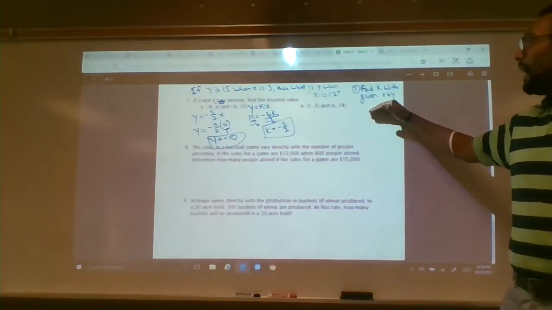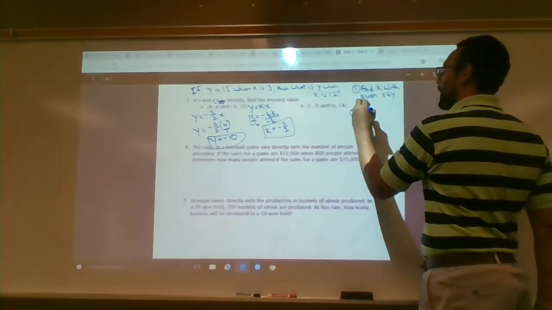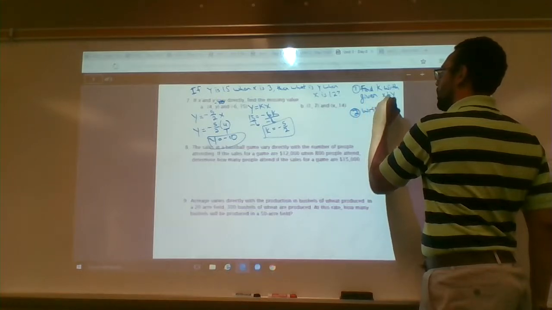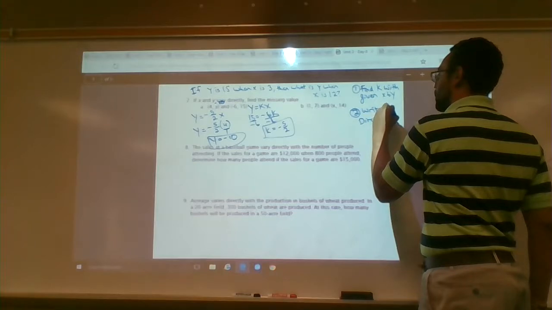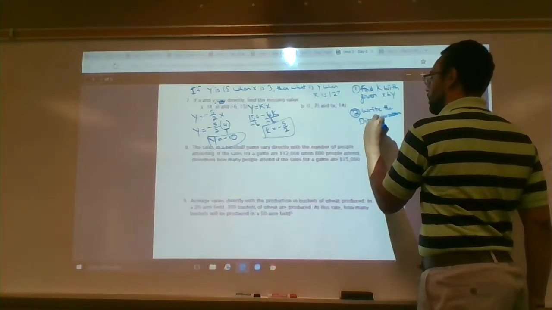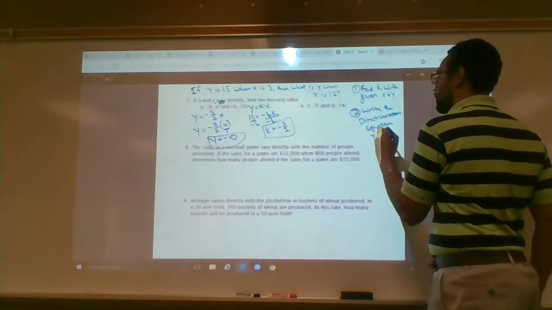So first, find k with the given x and y. Go ahead and write the direct variation equation, so y equals kx.